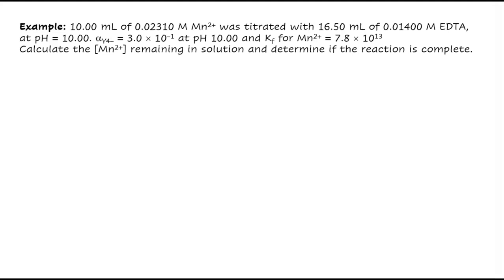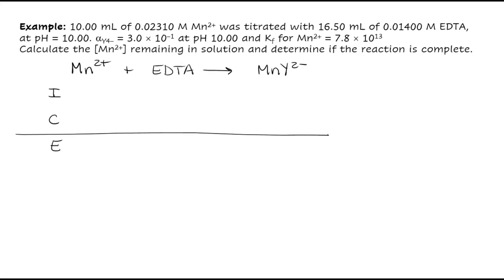Our first step is to set up a millimole table, and the reaction at the top will be Mn2+ plus EDTA going to the complex, which will be MnY2-. The rows are I, C, E, initial, change, and end, and our units are millimoles.